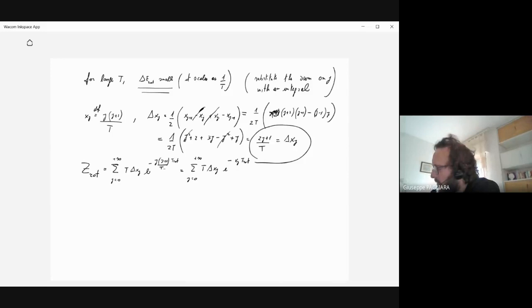Now, as I said before, if t is large, I can replace the sum with an integral and therefore make the following approximation to this canonical partition function, which will be an integral from 0 to plus infinity of t dx, and then here I have the exponential of minus x t rotational.